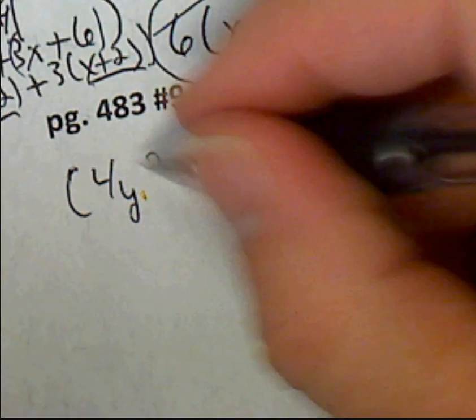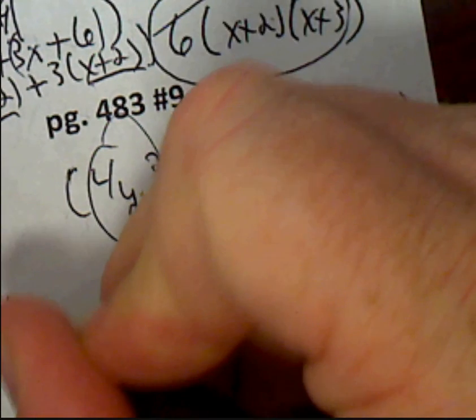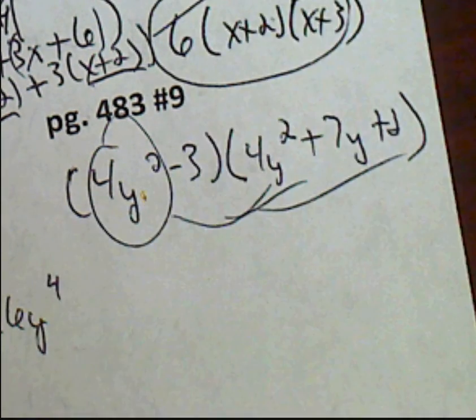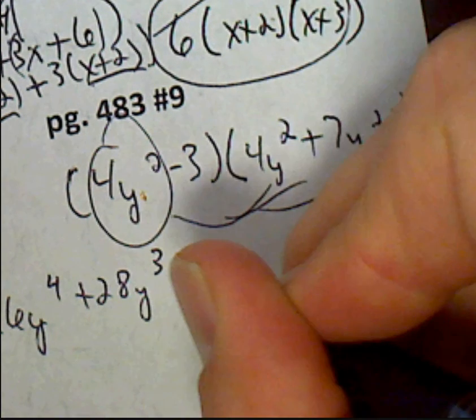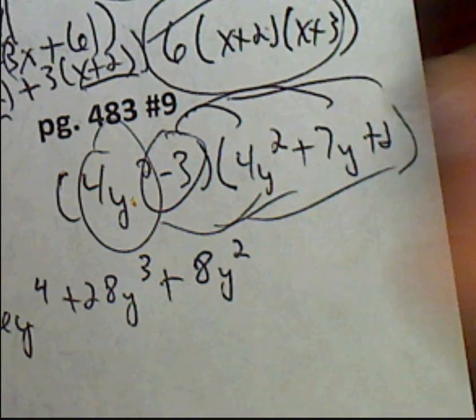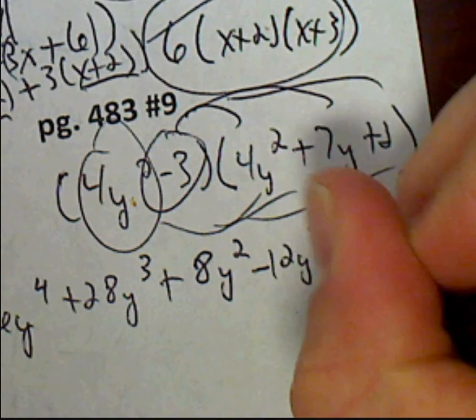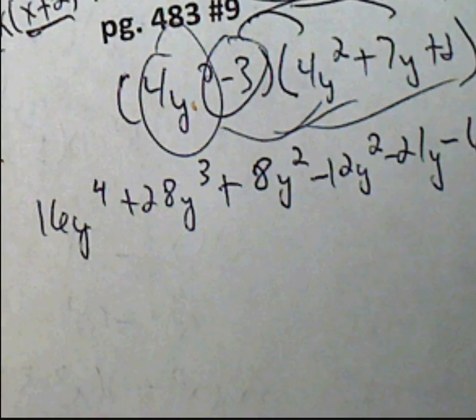That means I must distribute. So I'm going to distribute this to all three, so that gives me 16y to the 4 plus 28y to the third plus 8y squared, and I'm going to distribute the negative 3. Negative 12y squared minus 21y minus 6.